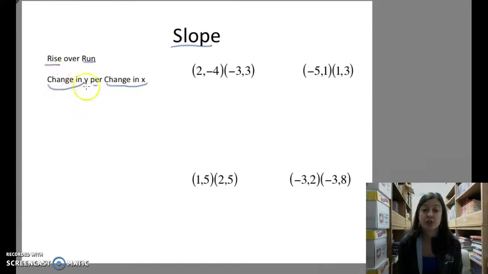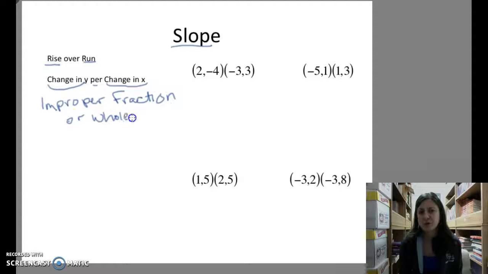So your change in y, your change in the miles, per the change in x, the change in hours. Okay? And it's always written as an improper fraction, or a whole number if there's no pieces to it. That's fine. Rise over run, change in y over change in x.